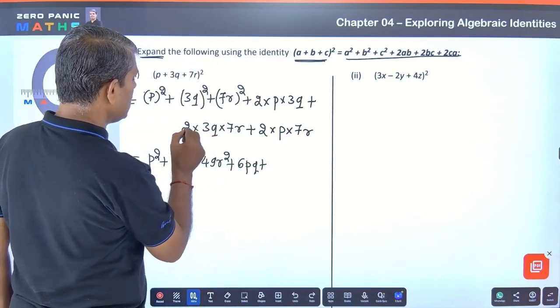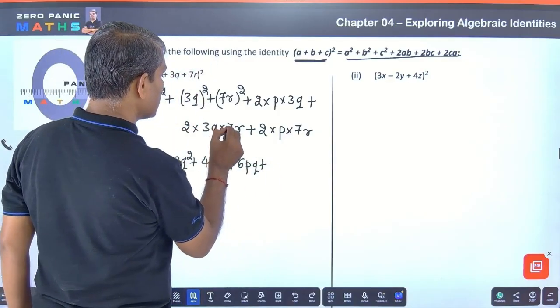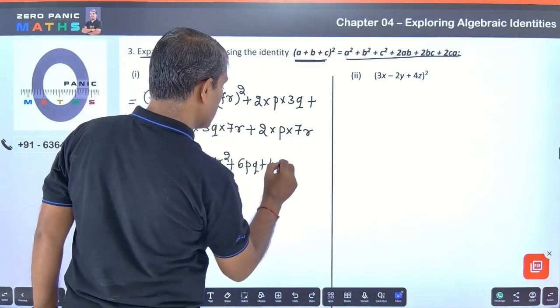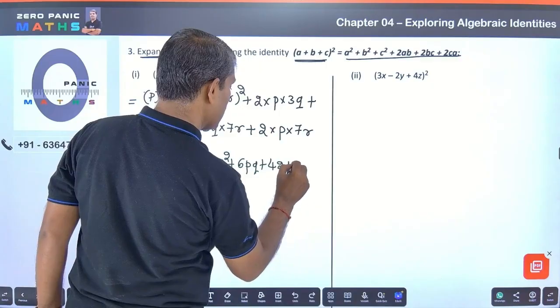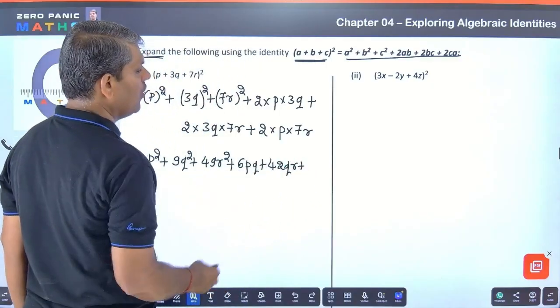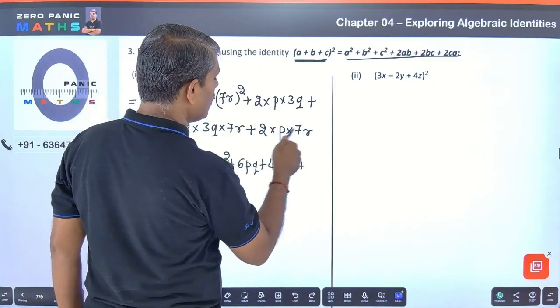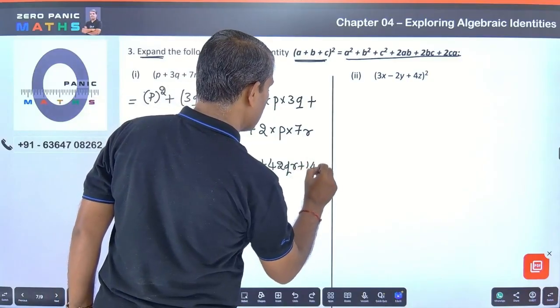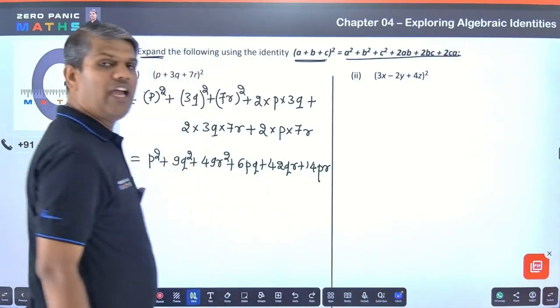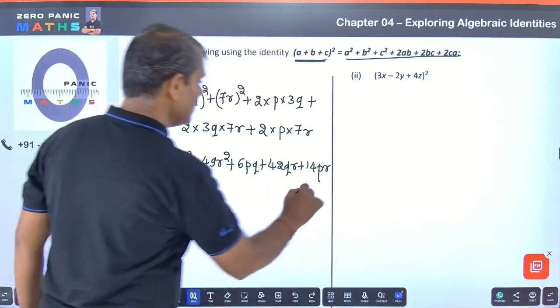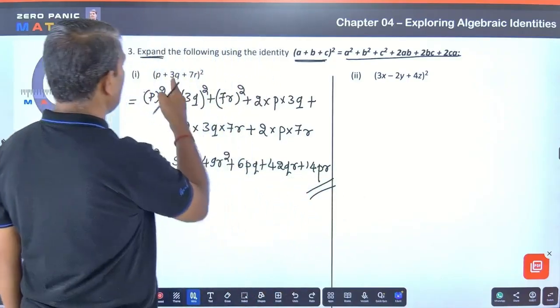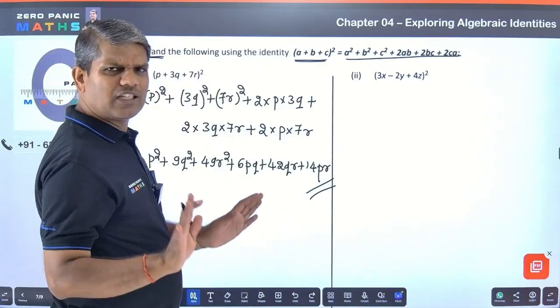Now 2bc: 2 3s are 6, 6 7s are 42qr, 42qr is our 2bc, and then 2 7s are 14pr, 14pr is our 2ca or 2ac. So this is the expanded version of this. That's all, nothing more than this.